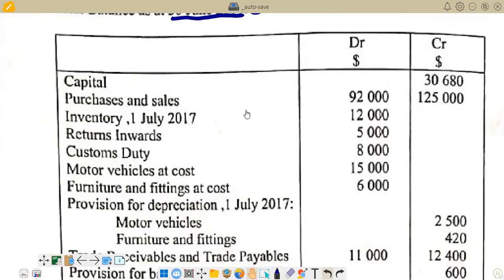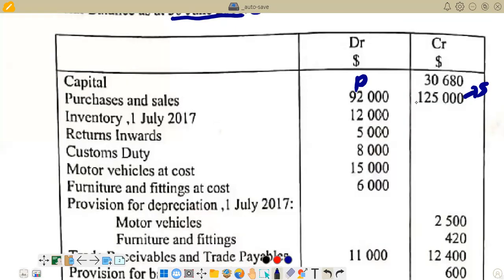Here we've got purchases and sales, and the figures are given in one line. We've got 92,000, and we know that 92,000 represents purchases because purchases have a debit balance. So this one becomes purchases and this one becomes sales.